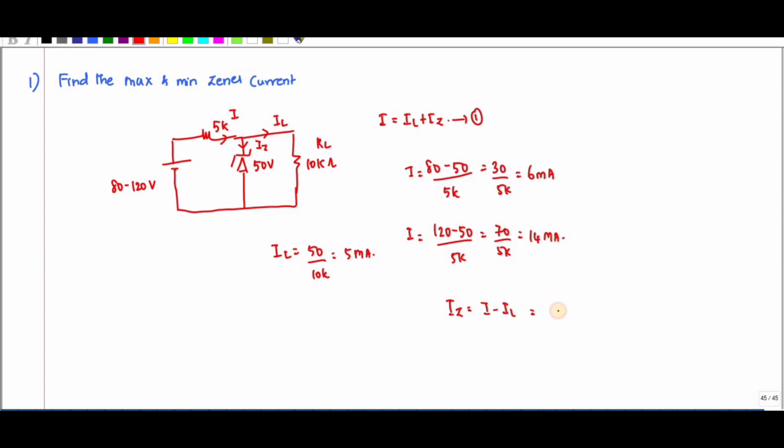So you substitute 6 milliamps minus 5 milliamps, that is 1 milliamp. And if I substitute 14 milliamps minus 5 milliamps, I will get 9 milliamps. So this is your minimum Zener current, and this is your maximum Zener current.